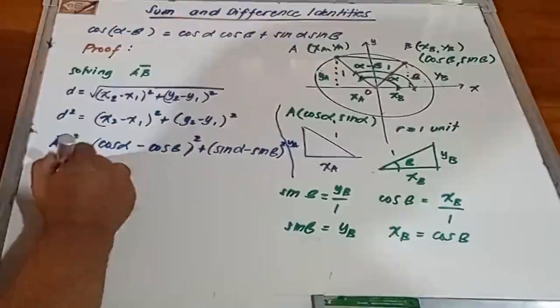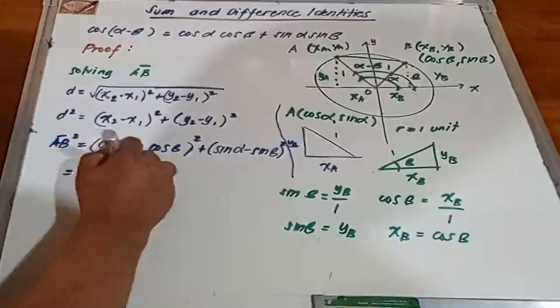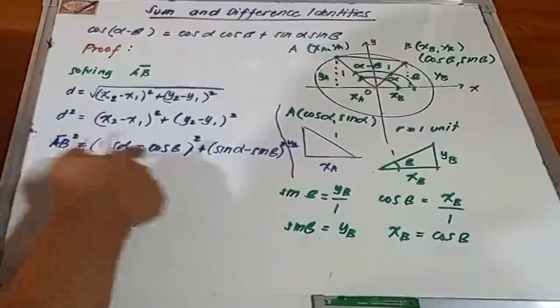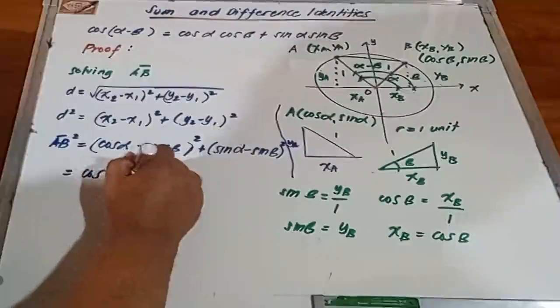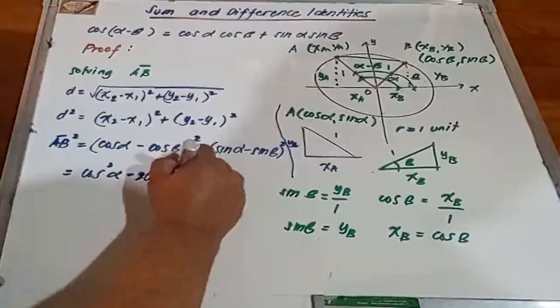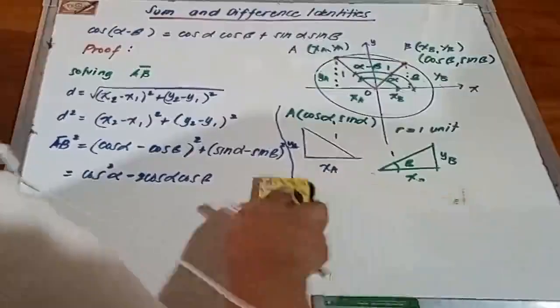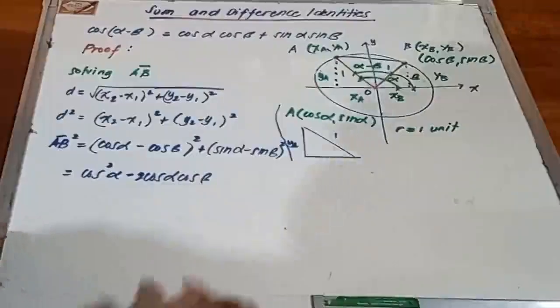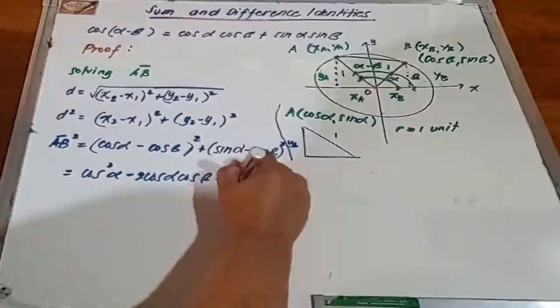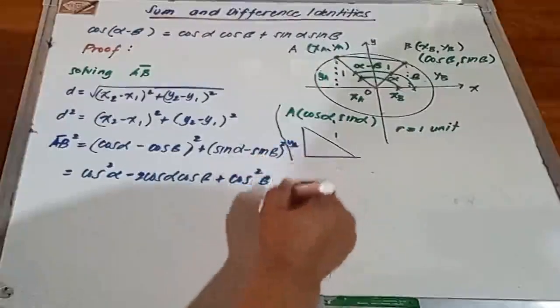Expand natin. So, this is cosine squared alpha. Product of these 2 times 2. Okay. 2 cosine alpha cosine beta. Plus square ni cosine, cosine squared beta.